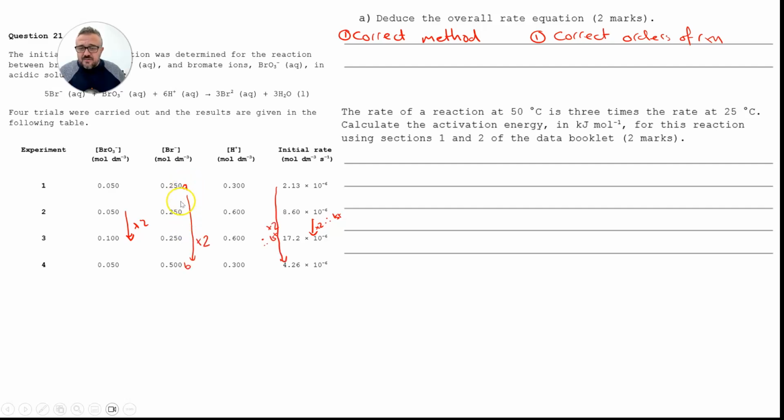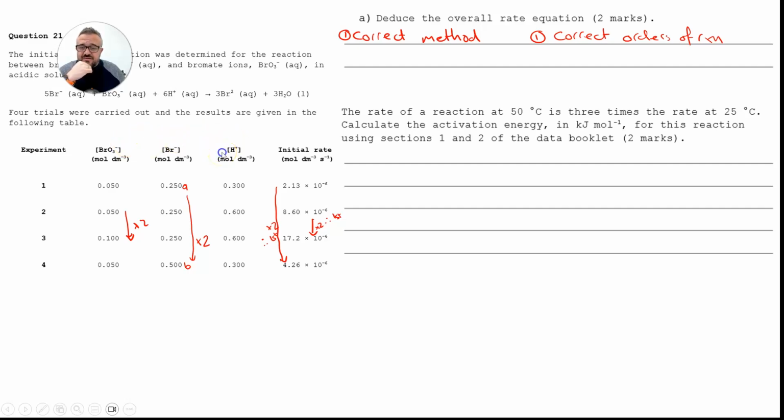So when we're looking at bromide, from here to here, we're keeping the bromate constant, and we're keeping the hydrogen constant. So here it doubles, and here our rate also doubles. Therefore, it's also first order. Okay, so we've got first order here, first order here.